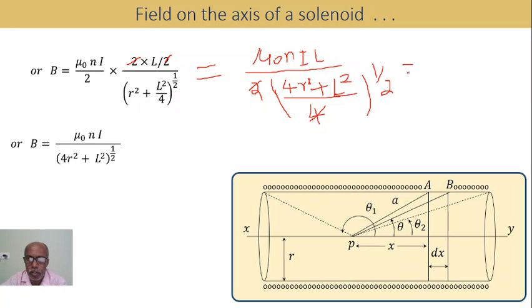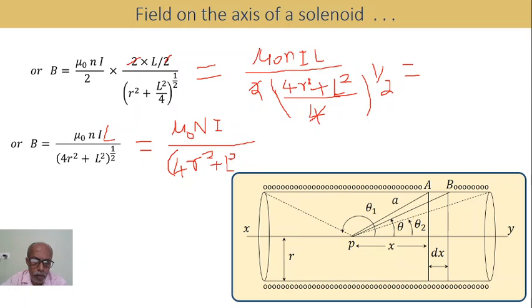And this is therefore mu naught N I L, and here there should be L, or it becomes mu naught capital N I, whole divided by 4R square plus L square, whole power half.